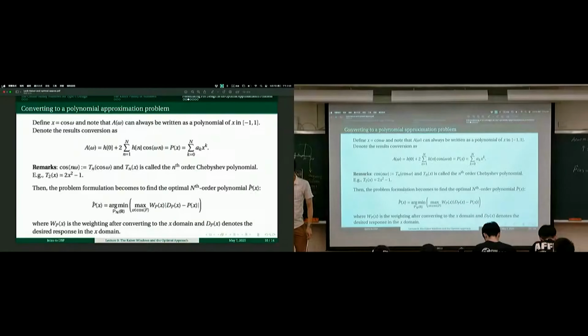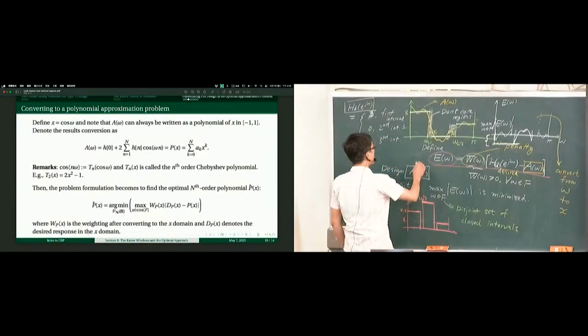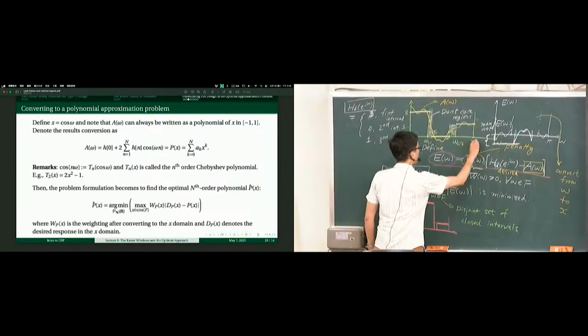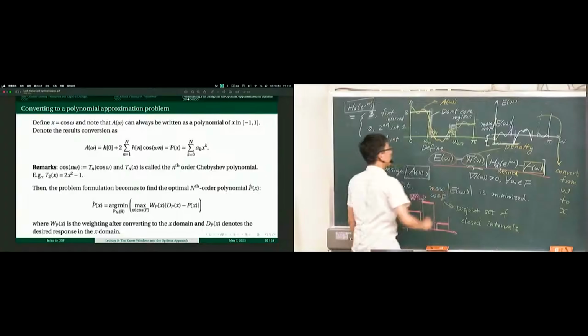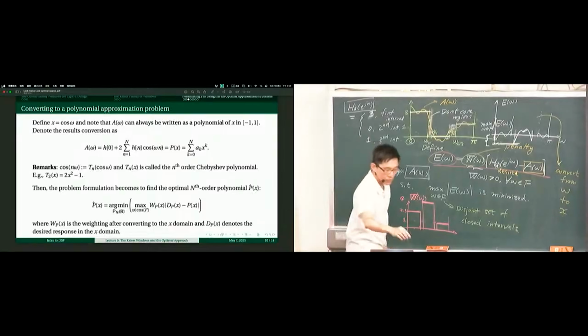Now, with omega going from 0 to pi, what's happening in X? Cosine omega is just a change of variable. Let me use blue color, I'm running out of colors right here.